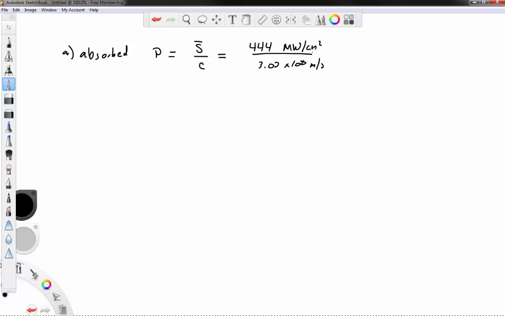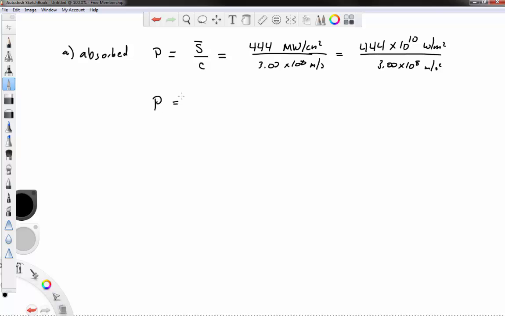So we're probably going to need to convert this into megawatts per meter squared. A megawatt is 10 to the 6th, and there are 10 to the 4 centimeters squared in a meter squared. So this is basically 444 times 10 to the 10th watts per meter squared divided by 3.00 times 10 to the 8 meters per second.